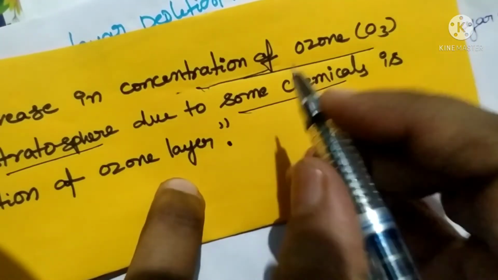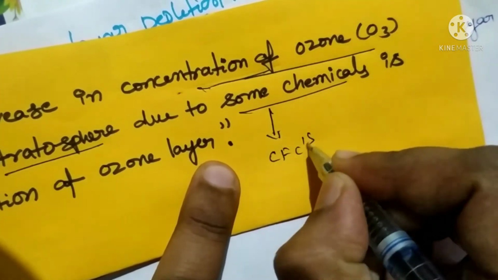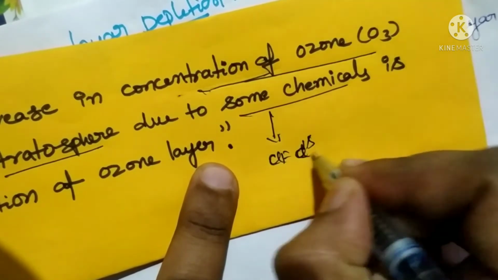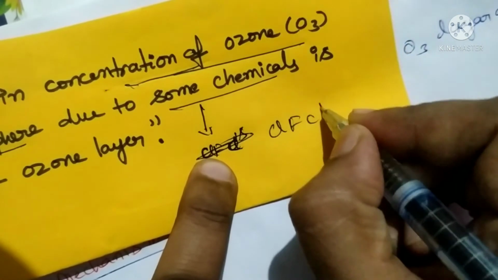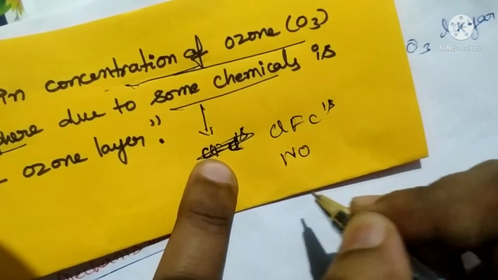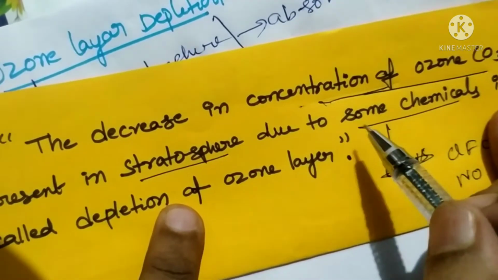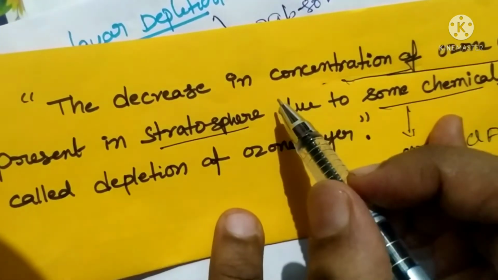The chemicals mainly are chlorofluorocarbons and nitric oxide. Due to these chemicals the ozone concentration in the stratosphere is decreased. That is known as ozone layer depletion.